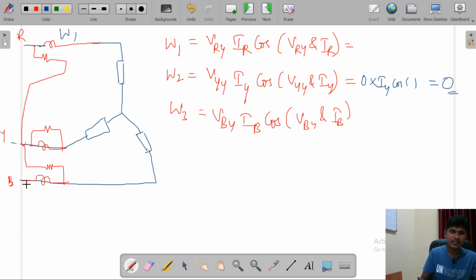This is connected between B and Y. That is, this gives the two wattmeter method.